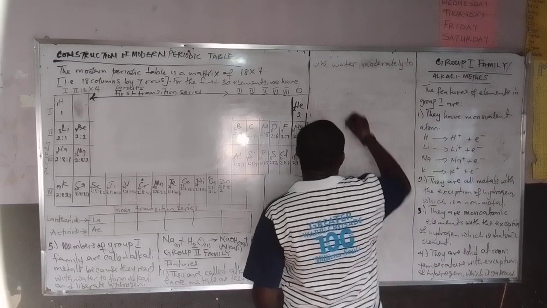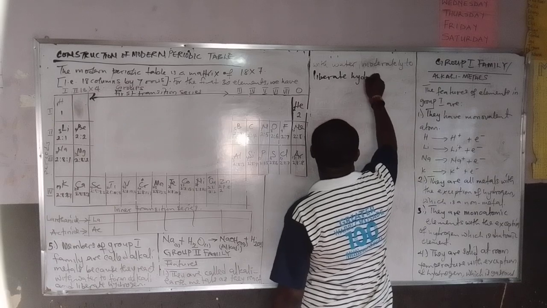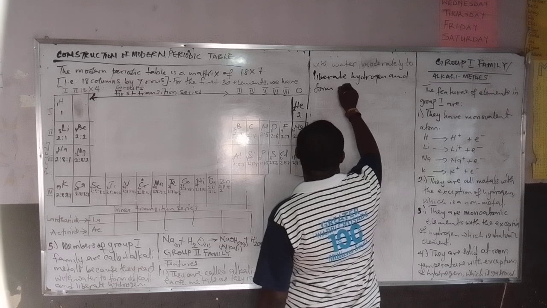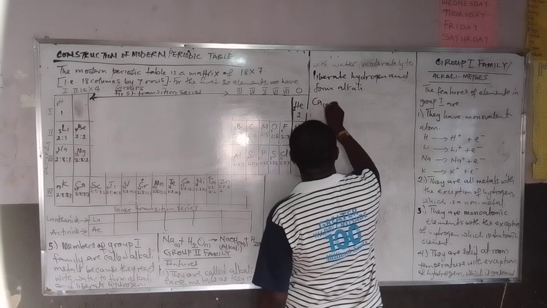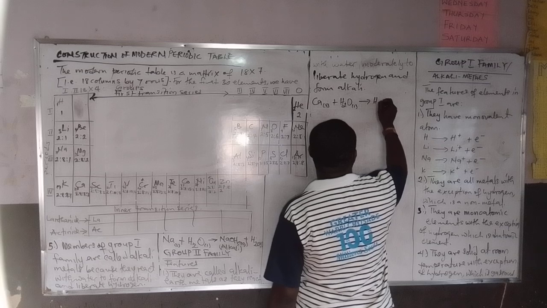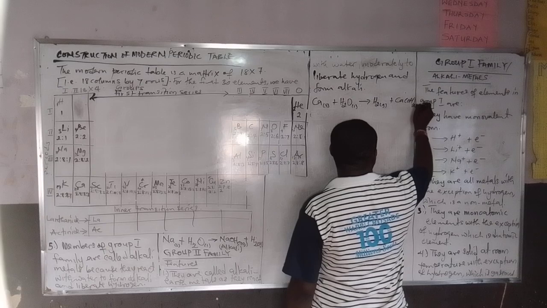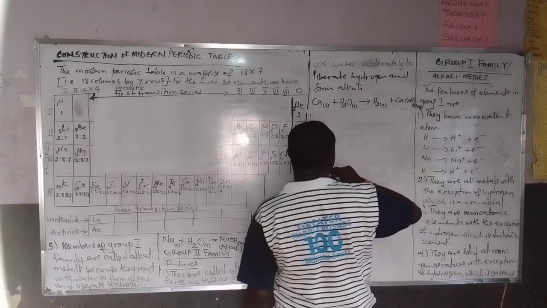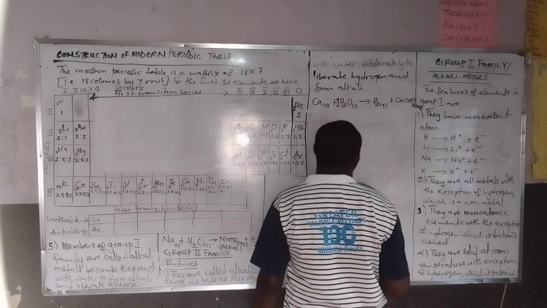So calcium solid can react with water liquid and liberate hydrogen gas and form calcium hydroxide, which is aqueous. To balance this equation, I have 2 hydrogen here, I have 2, that's 4, so I need to put 2 here, so the equation is balanced.